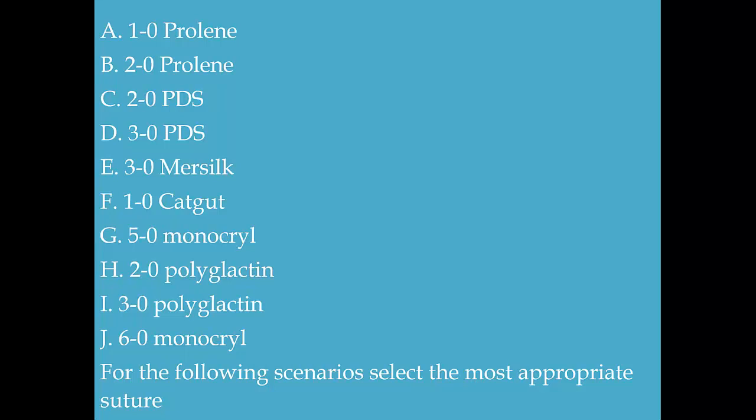For anorectal mucosa, you should use a continuous or interrupted technique with 3-0 polyglactin. For the external sphincter, use the end-to-end technique with 3-0 PDS or 2-0 Vicryl or polyglactin. The internal sphincter can use an interrupted or mattress technique, with the same sutures as the external sphincter, 3-0 PDS or 2-0 Vicryl.